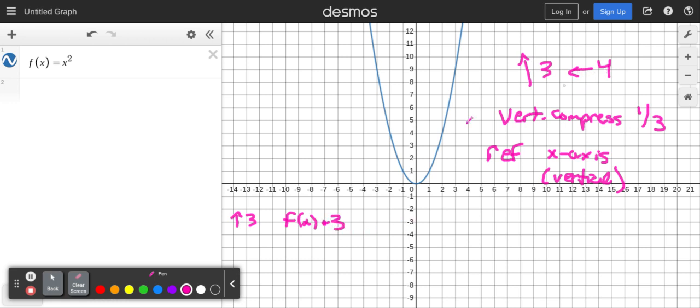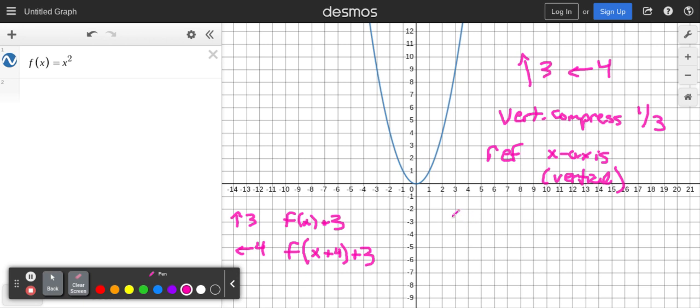And we want to go to the left by 4. So now instead of x, we're going to use x plus 4. So going to the left by 4, in addition to this, now we're going to have f of x plus 4, plus 3.